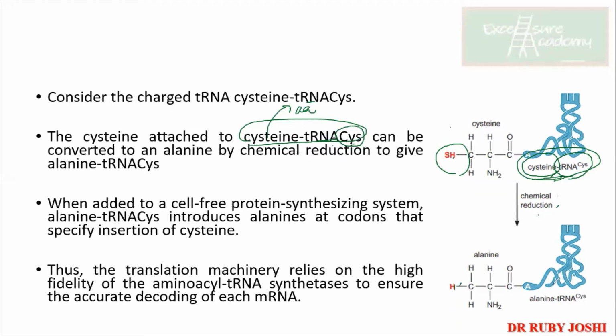The amino acid got converted from cysteine to alanine, but the tRNA is still coding for cysteine. It has the anticodon for cysteine. Now in the mRNA, the codon meant for cysteine is going to base pair with it, but in the polypeptide chain it is going to insert alanine.